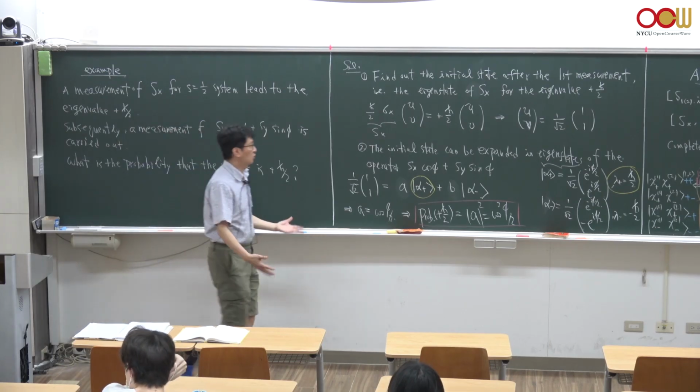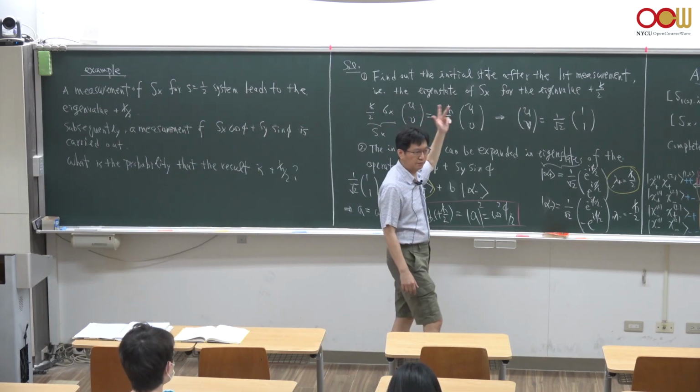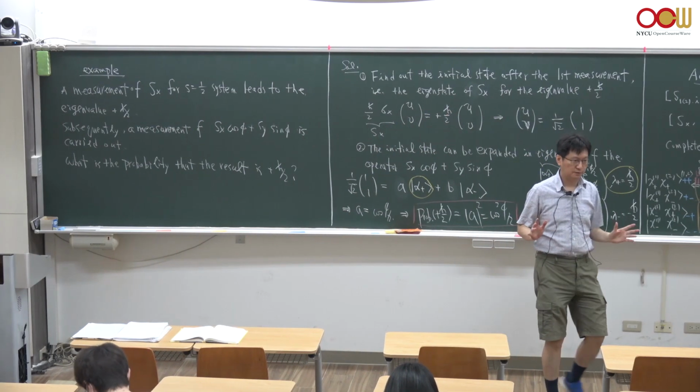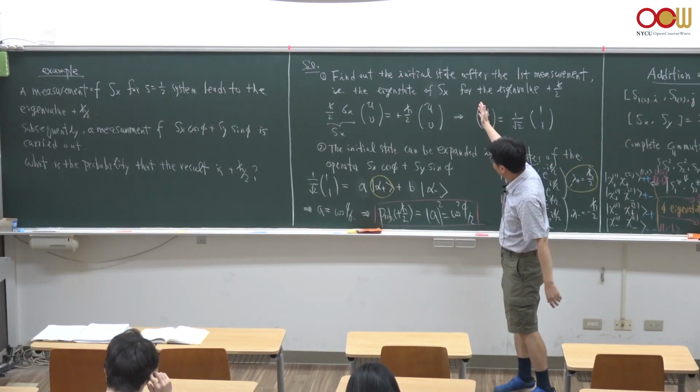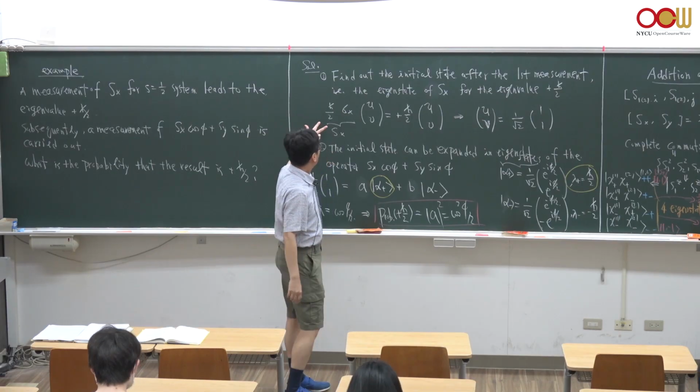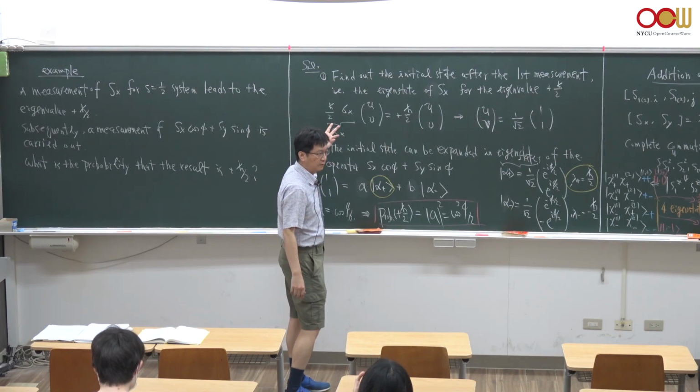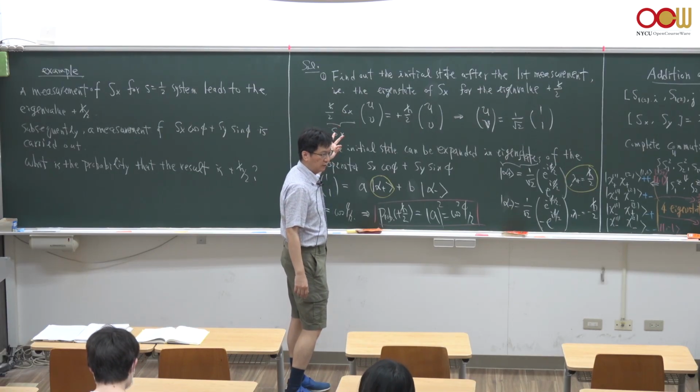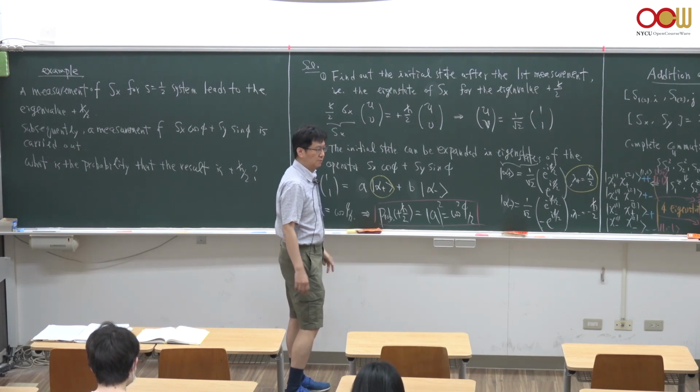So then what is the corresponding eigenstate, eigenvector, after the first measurement? This is something that you are able to do. This is easy because the first part of the question asks you for the eigenvector of the state after the first measurement.